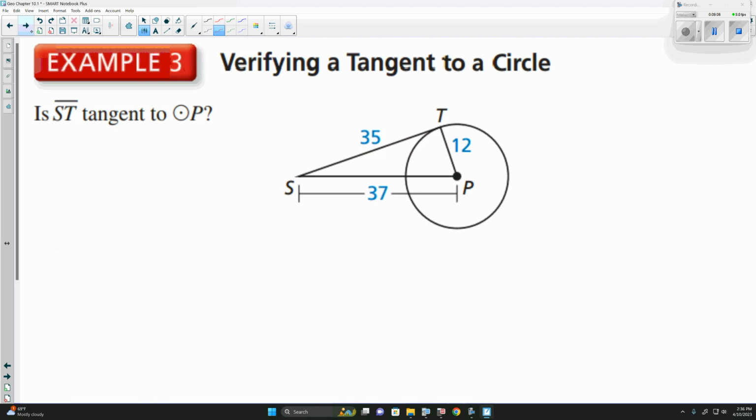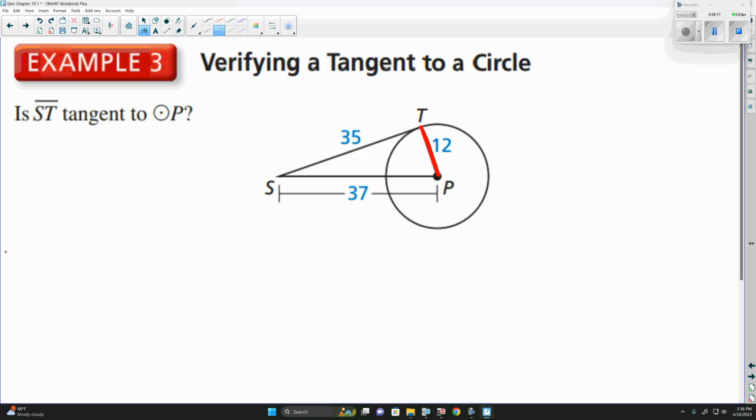So, looking at this here, is ST tangent to circle P? So TP is a radius, yes? And we're wanting to know, is ST tangent to it? Well, by the definition, these two need to intersect at a right angle.